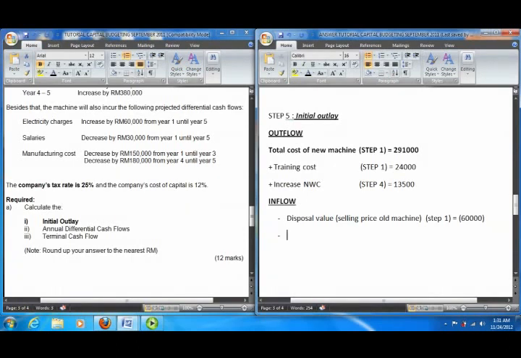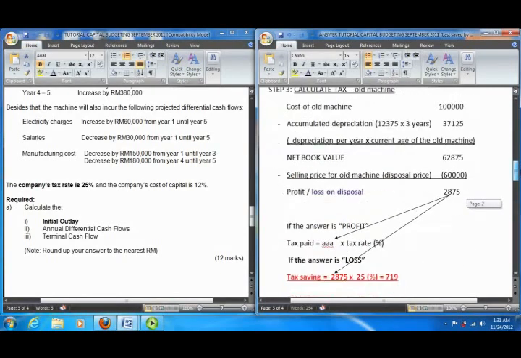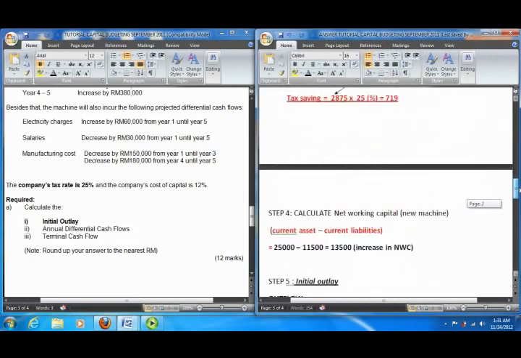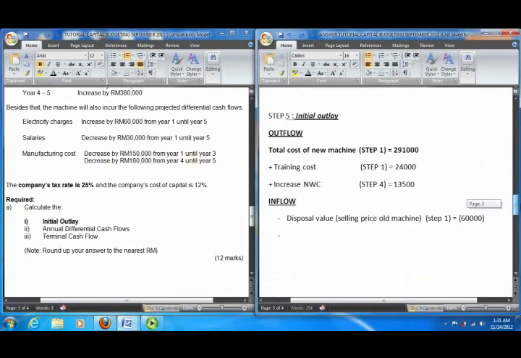Just now when you calculated your tax in step 3, is it tax saving or tax paid? If tax paid is outflow, tax saving is inflow. So in this case, it is tax saving. Where can you get the total? From your step 3. So the amount of your tax saving, your inflow, is 719.